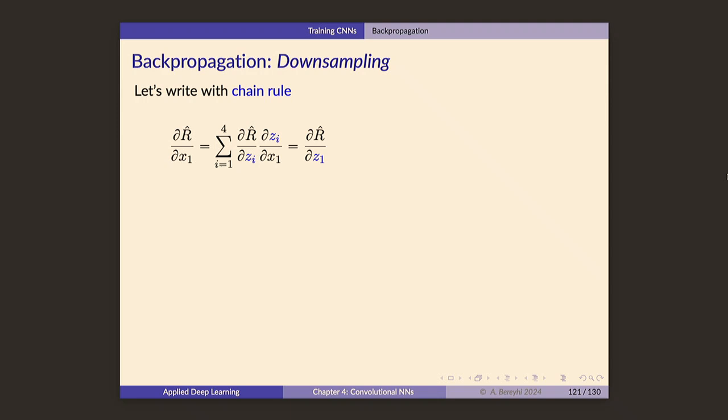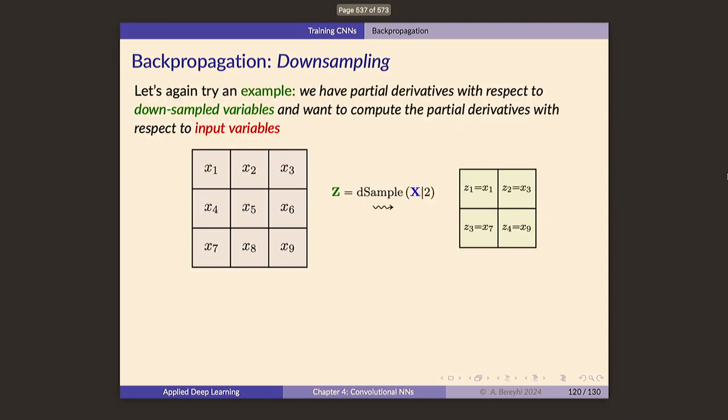All of these partial derivatives of z with respect to x1, or any x, are either 1 or 0. Because that z is either exactly that x, or it is not. It's some other x, right? So this is going to be 1 and 0. For example, here, z_i with respect to x1, only z1 has a component. Because z1, look at it here, z1 is exactly x1, right?